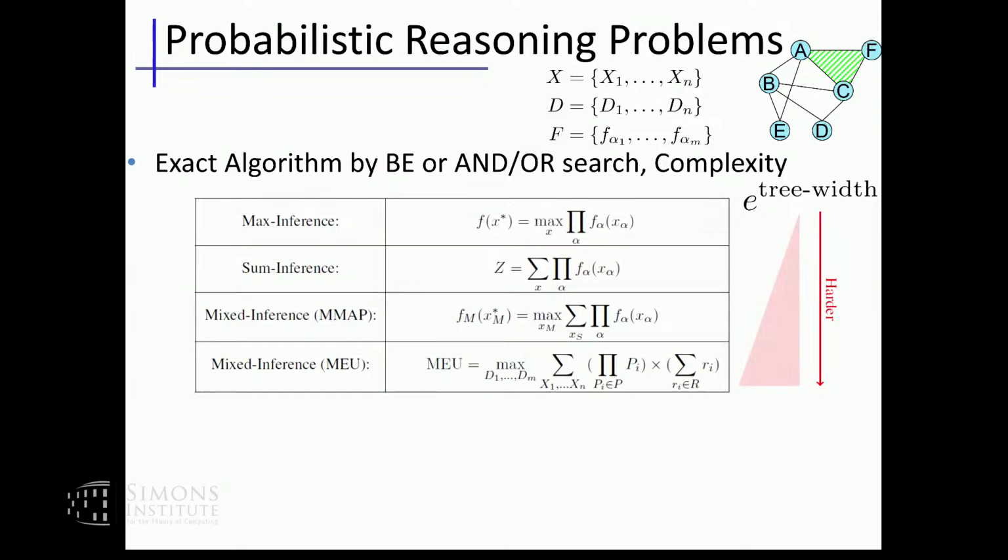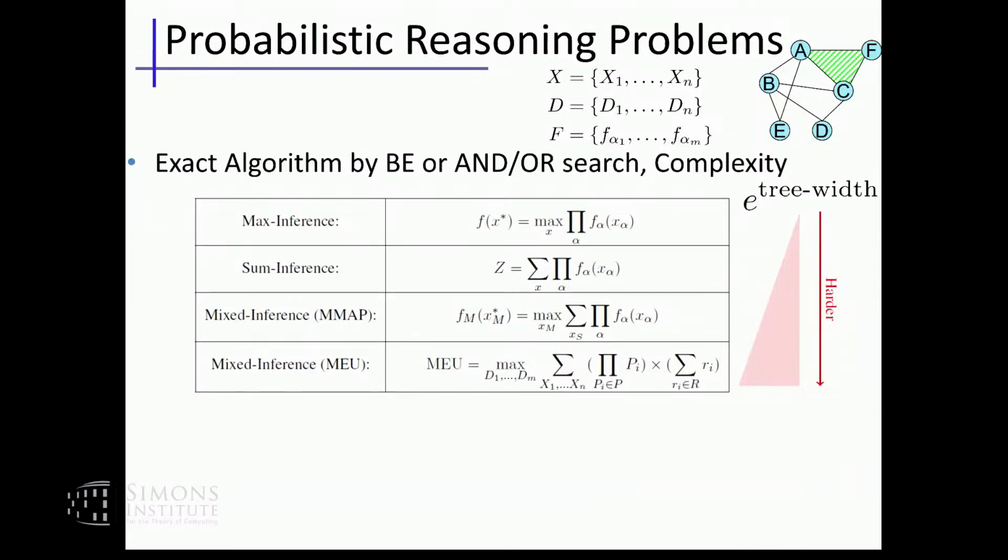Variables, domains, and a collection of functions that represent some probability distribution or some cost function. They can be abstracted into a graph, the primal graph, where each variable is a node, and you connect two nodes if they appear in the same function. This structure captures conditional independencies that exist in the probability distribution and can be exploited very well.